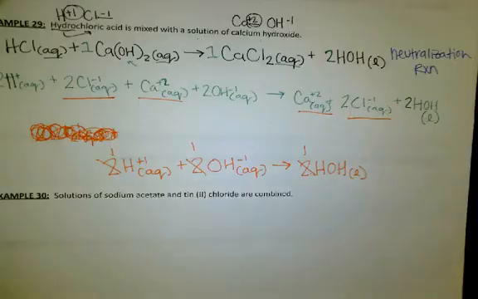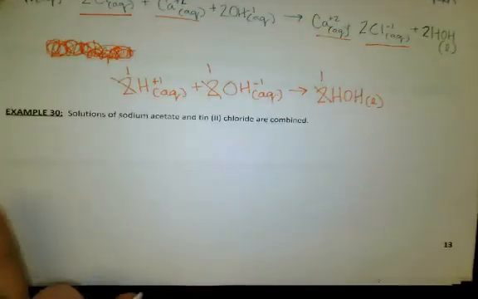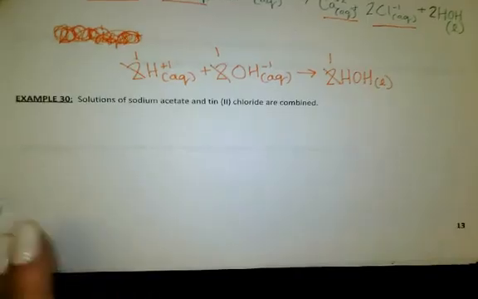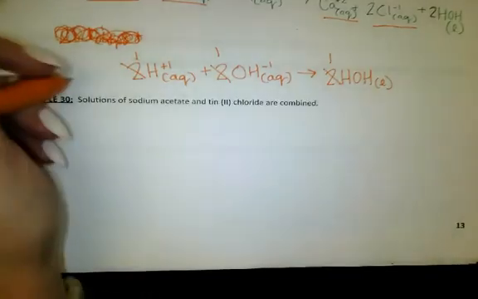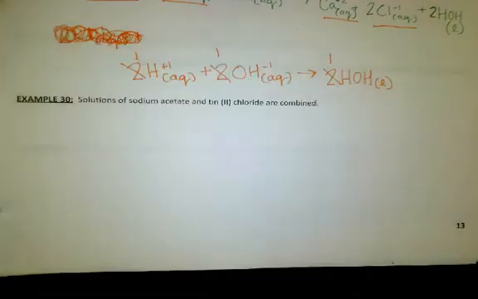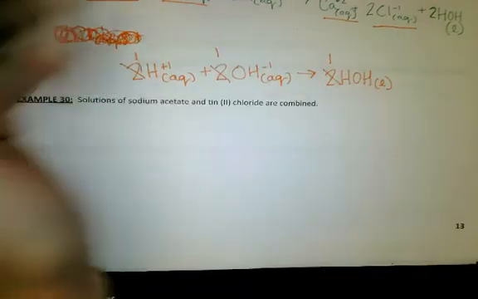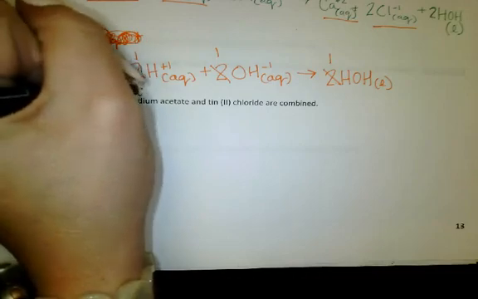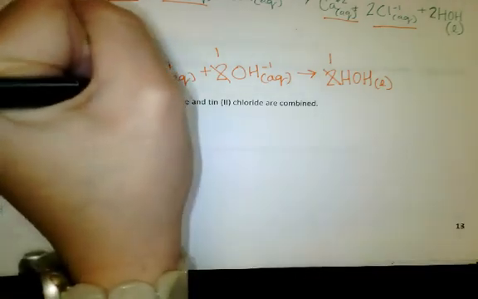Now the last one, it says solutions of sodium acetate and tin(II) chloride are combined. So I'm going to write our equation. Sodium's charge +1, acetate is C2H3O2, -1. So our formula is NaC2H3O2, aqueous.